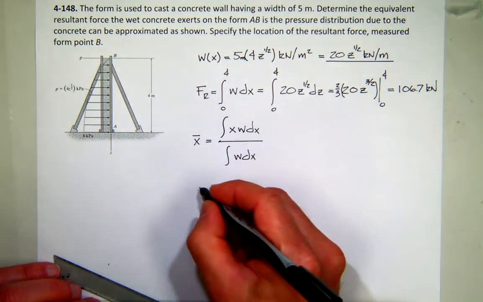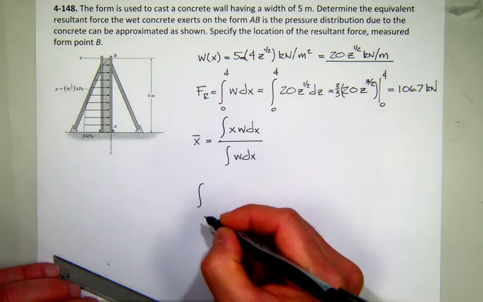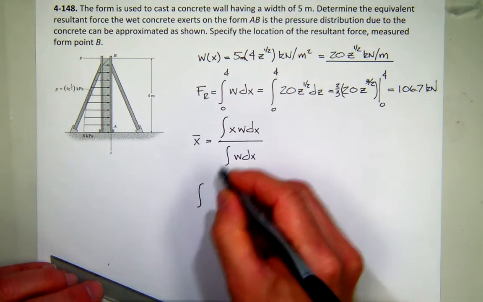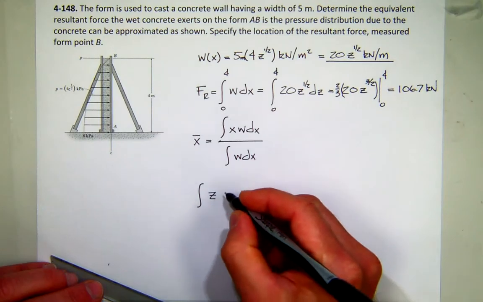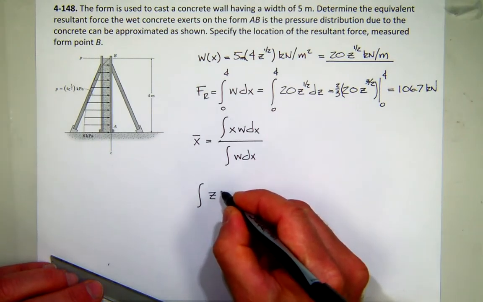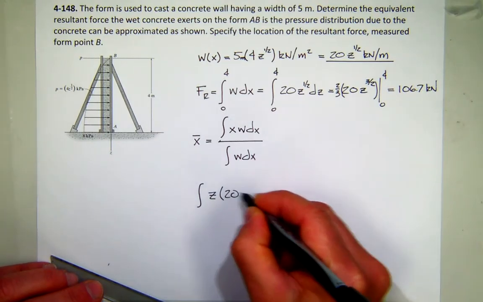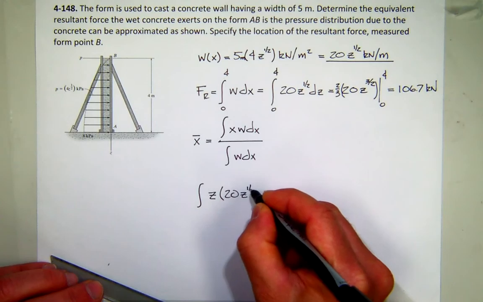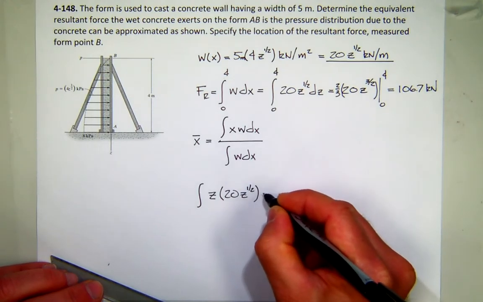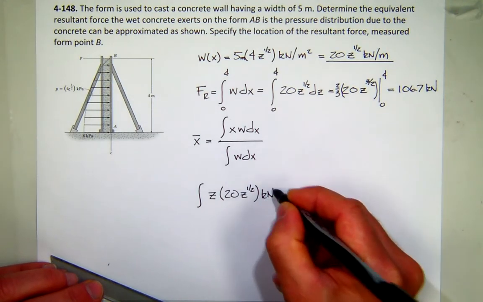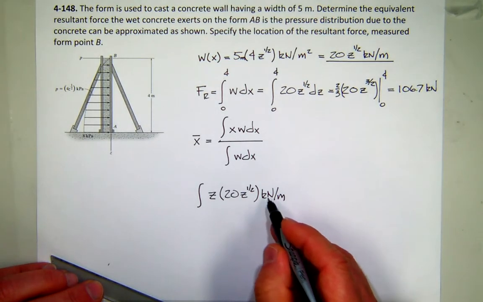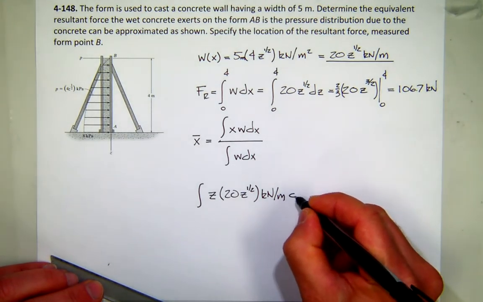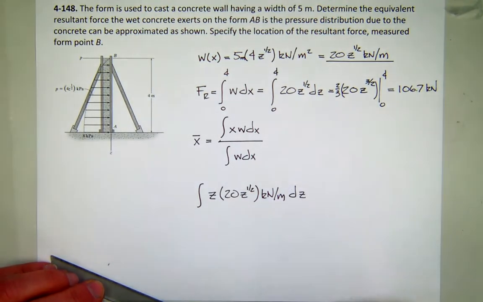So the numerator component would be, in this case, not x because we're working in z, so it'll be z times our 20 z to the 1/2, and that's kilonewtons per meter. Of course, z is in meters, so we get kilonewtons, and then we multiply by dz, we get kilonewton meters. It's like a moment.